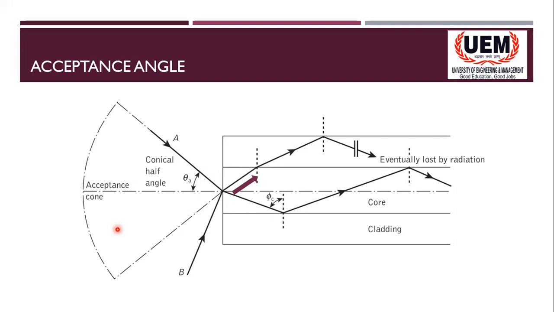Any light ray we send through the fiber optic core must be within the acceptance angle, or within this acceptance cone. If we transmit a light ray within the acceptance angle, then we definitely form total internal reflection inside the fiber optic core, and our light will get transmitted.